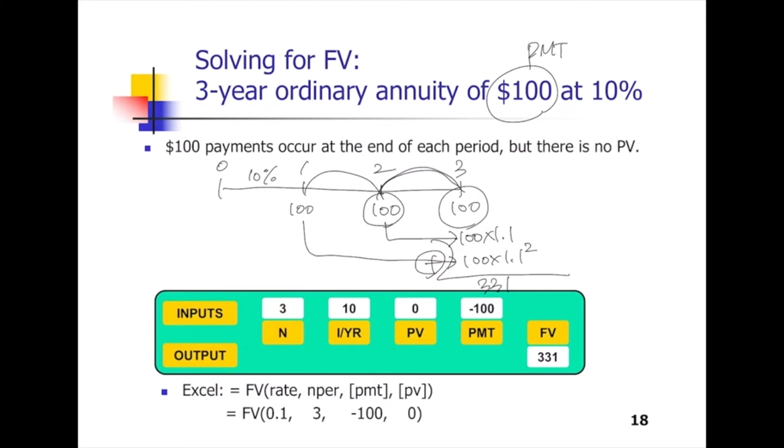And interest rate or compounding rate is 10%, so input 10. And PV is 0. What does it mean? No PV means present value is 0. Is that right?